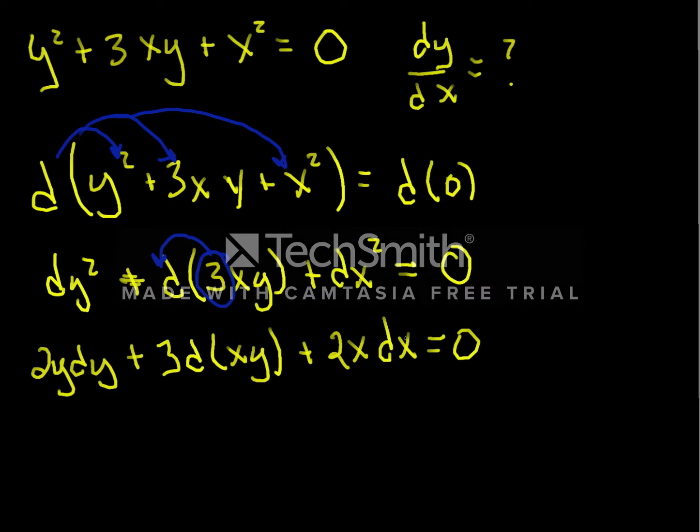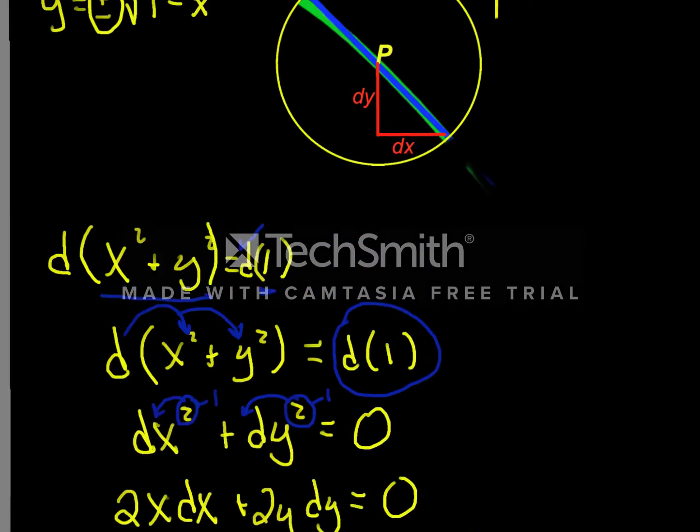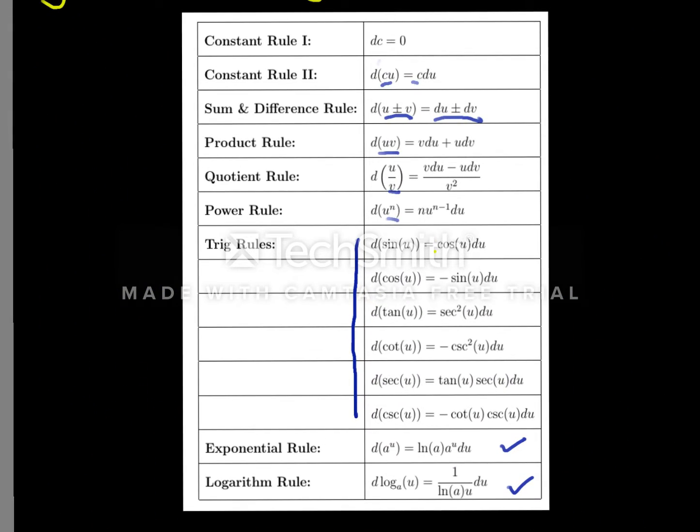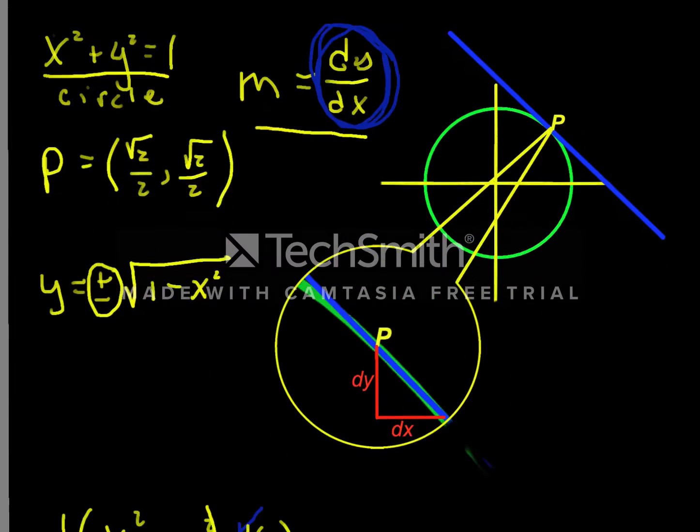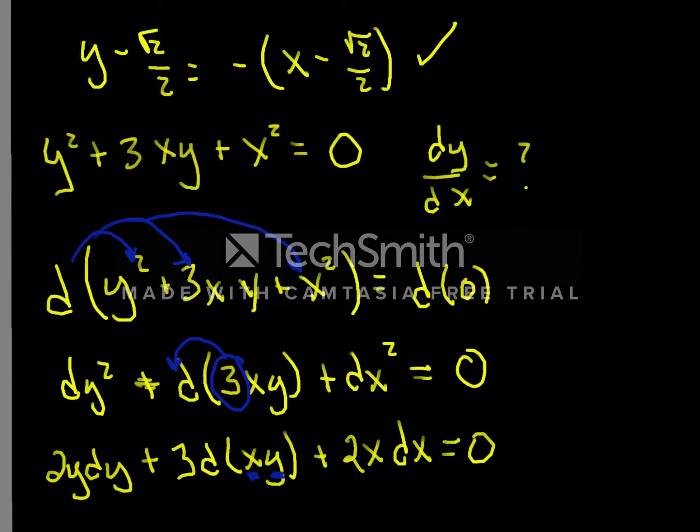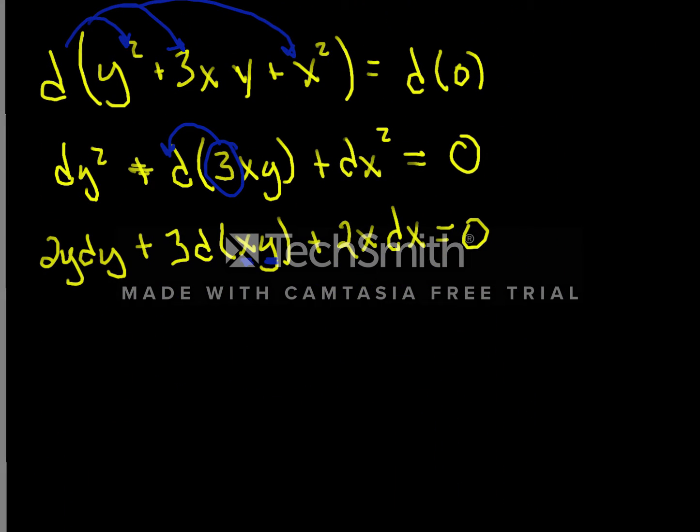That equals 0. Now the differential here is a product rule, right? I've got x being multiplied by y. So let's make sure we know our product rule: if I've got the product of two things, it's the latter times the derivative of the first plus the first times the derivative of the latter. Following that pattern, this is equal to 2y dy, which hasn't changed.